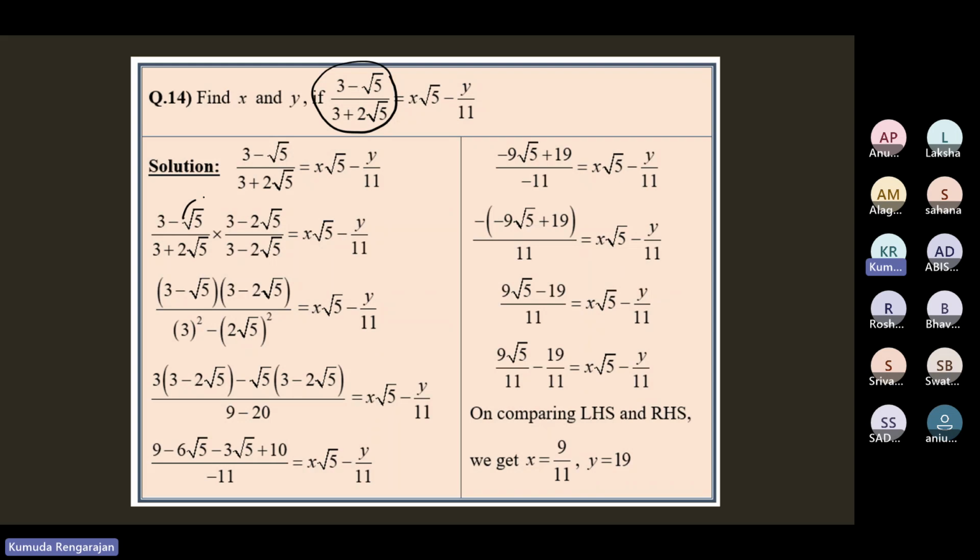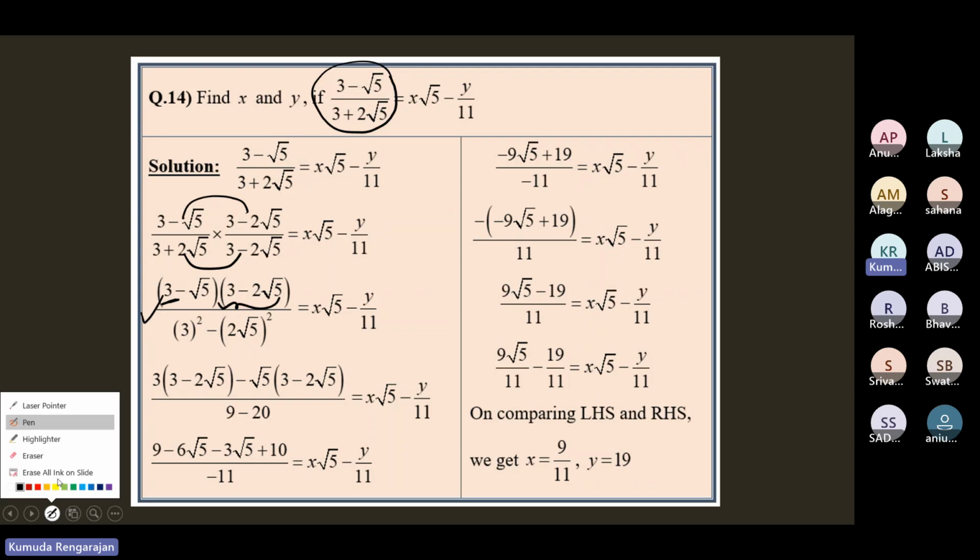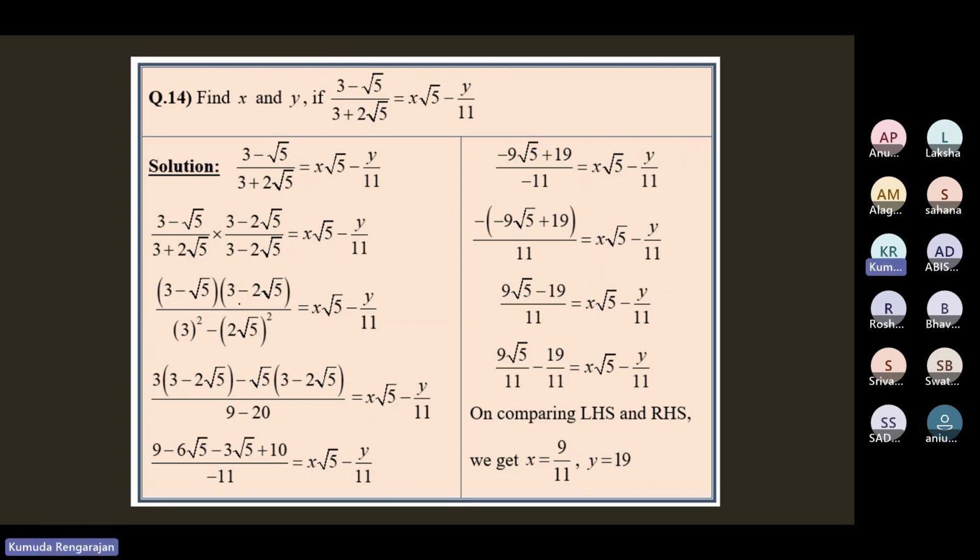Then multiply the numerators, multiply the denominators. That is what you see in this step. Then how do you multiply the numerators? That's important. Multiply the first term with the second bracket. See here? So here also possible that some children went wrong here. That's why you did not get the answer. On the right hand side, you have x root 5 and y by 11, right?